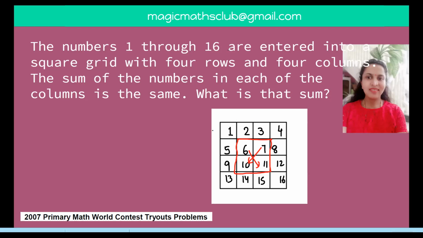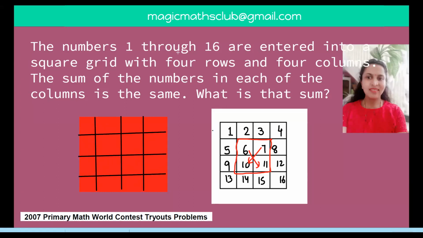Let me draw another one so that I can help you learn it nicely. Quickly, we are going to draw the 4 by 4 magical grid, and it is magical like its name.